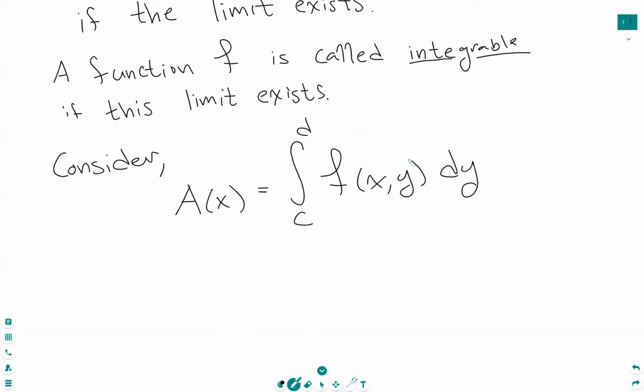So you can imagine here that we're doing something like this partial integration. If I integrate this function that has y's in it, then this is a definite integral. So I have bounds, I have c to d. So you can imagine that I integrate out all of the y's that are in this function. So once I'm done with this integral, there is only a function of x that remains.